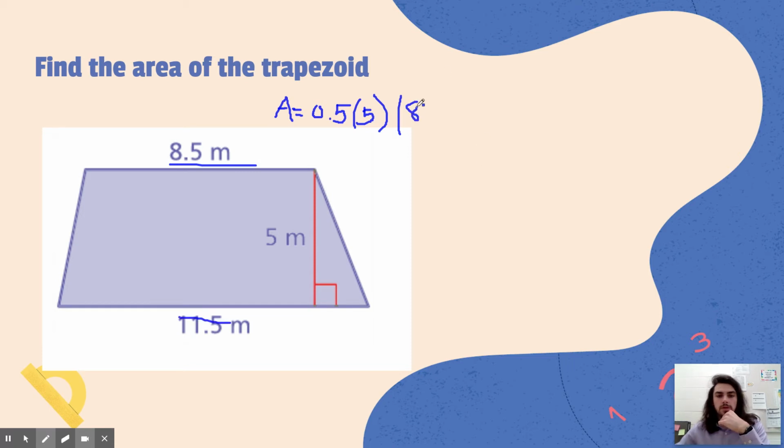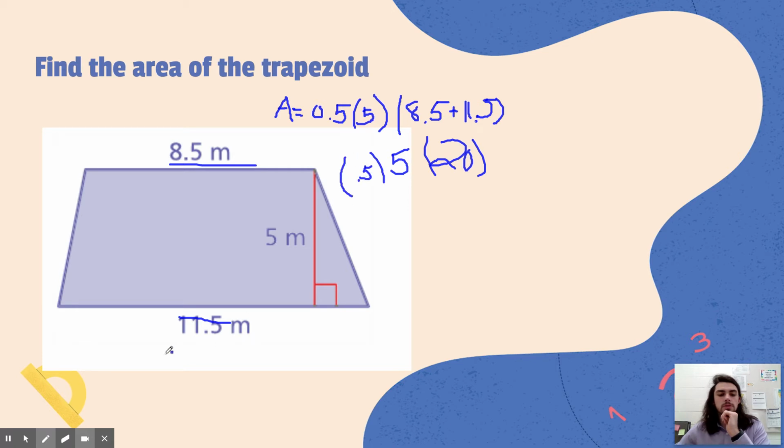I have 8.5 plus 11.5. 8.5 plus 11.5 gives me 20. Times 5 times 0.5.